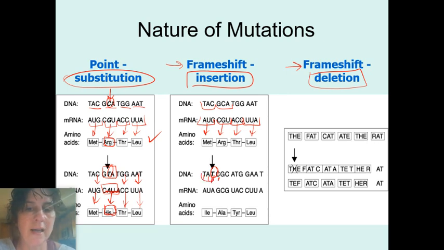So it's going to read that group. And then where I should have GCA, that last C got attached, and it can only read in groups of 3. So it shifts everything down the line. So it's not reading it in the correct order. So not only is the first one screwed up, the second one screwed up, and everything down the line is screwed up because it has shifted my reading frame.